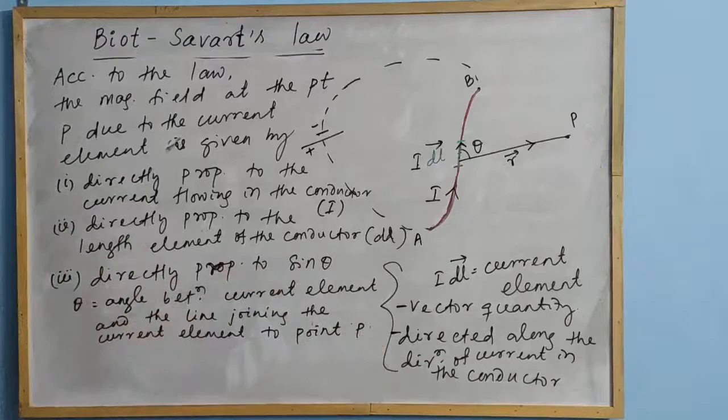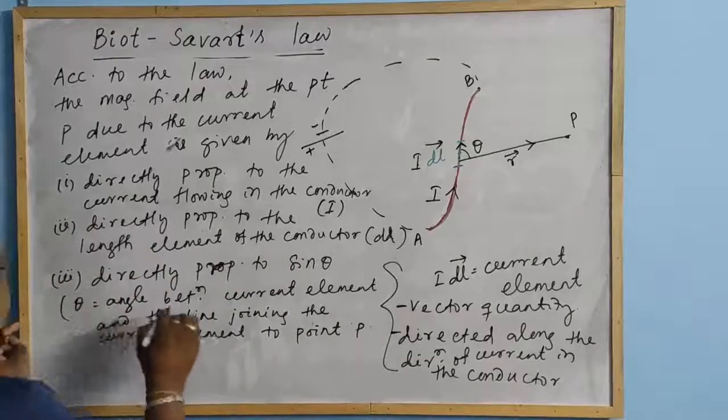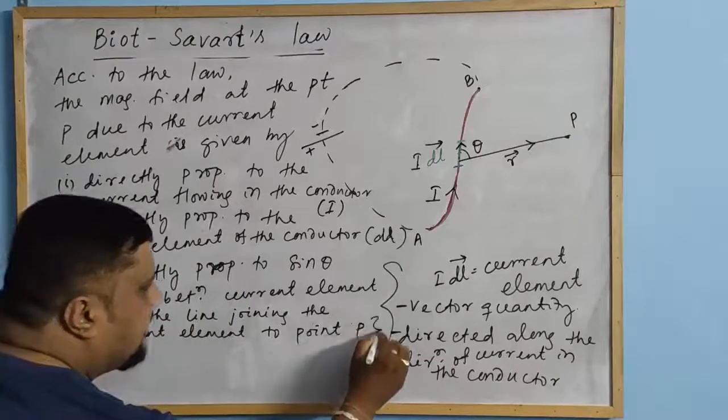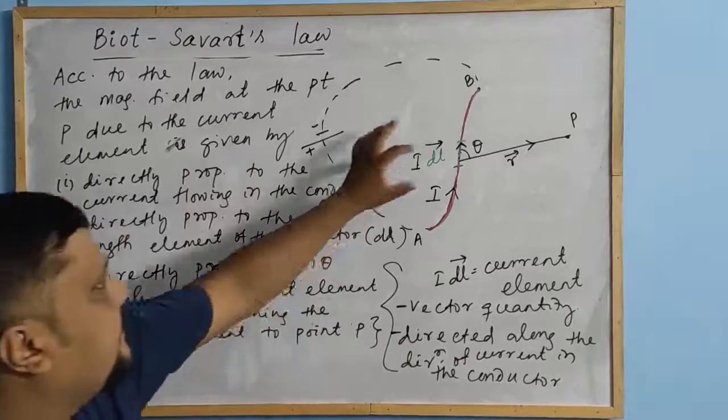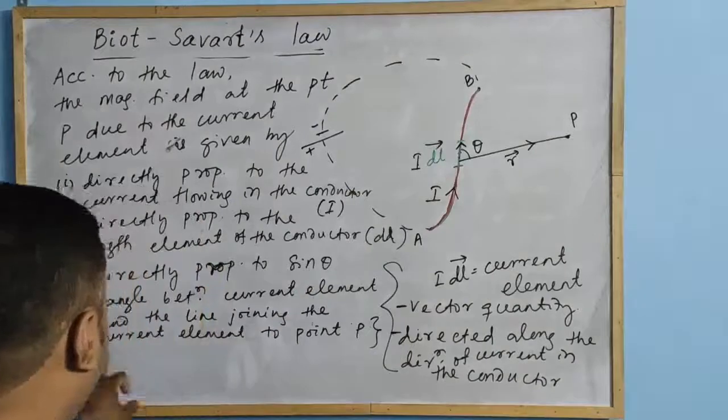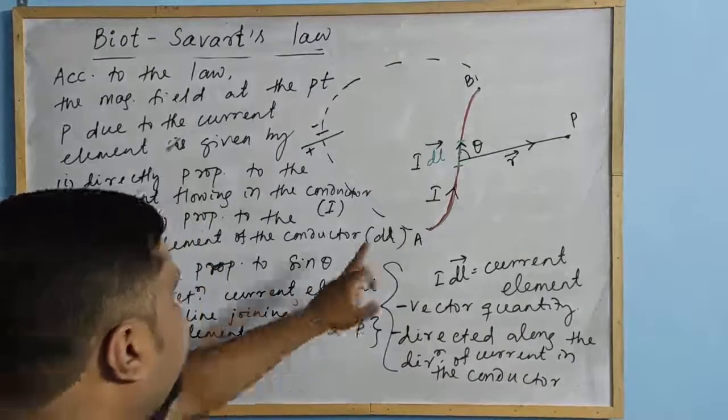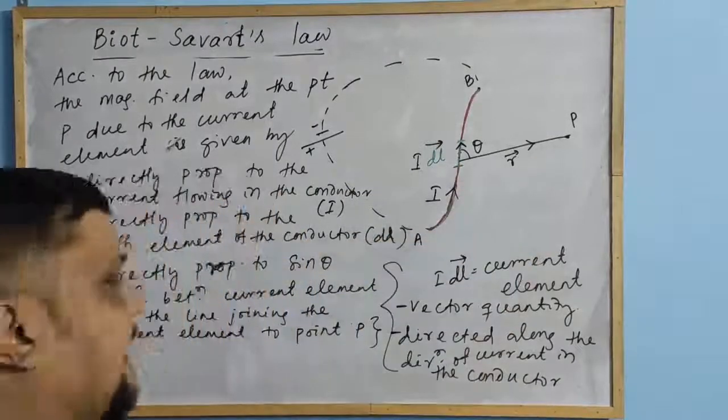Directly proportional to sin theta. What is this theta? Understand this one. Theta is the angle between the current element and the line joining the current element to the point P.